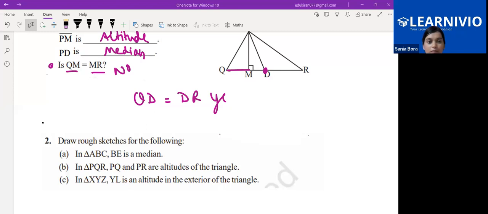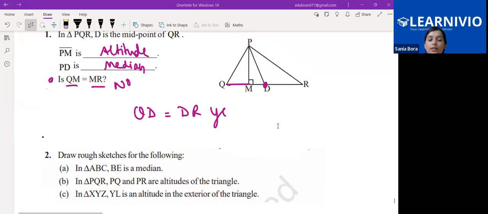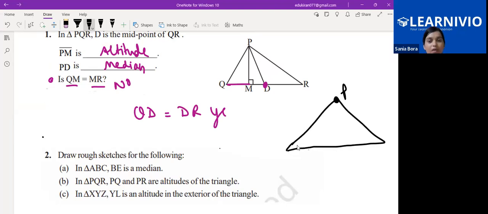Hello. Yes, Hepzibah, am I audible now? Yes, ma'am. Okay, so you have to also watch the recording. But I'll just give you a hint about this. For example, this is a triangle. These are the vertices P, Q, R. Any line which comes from a vertex and meets the third side, if it is joining the middle point, this one, then this is called median.